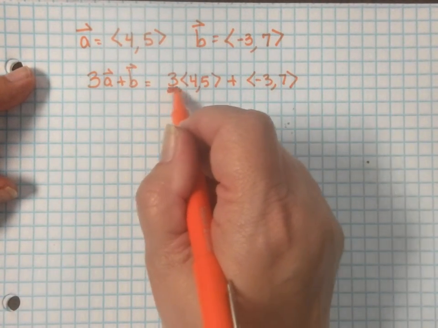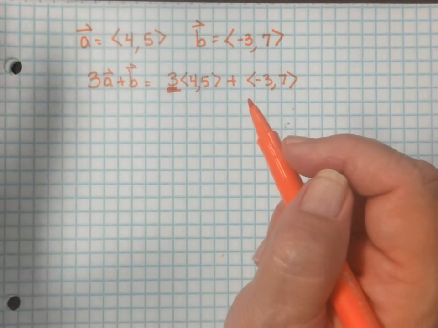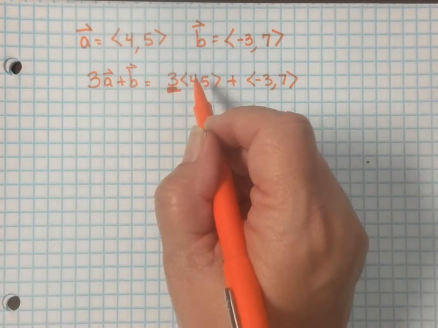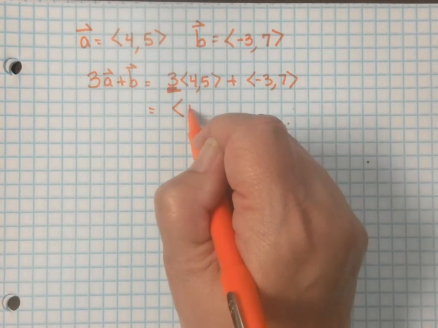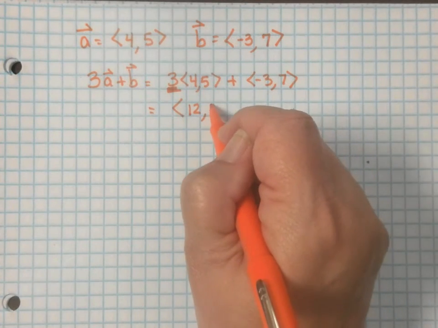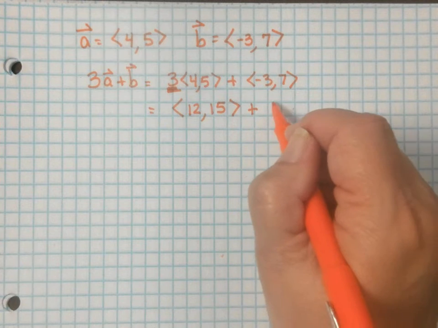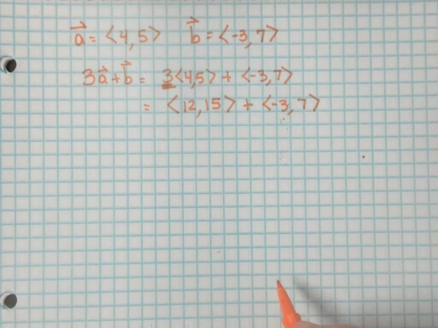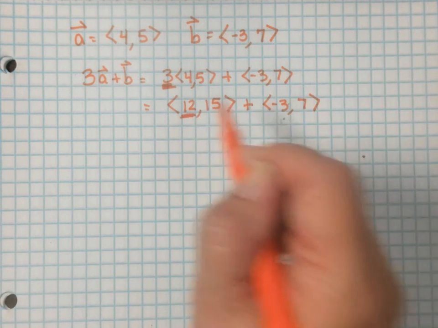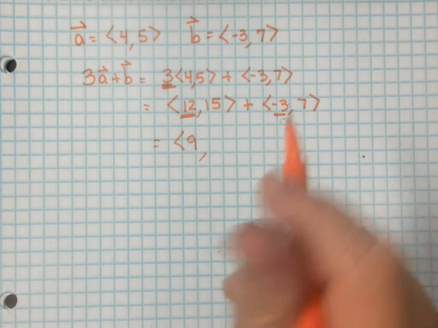So when you multiply a scalar times a vector, this is very much like the distributive property. You multiply your scalar by each component. So 3 times 4 is 12, and 3 times 5 is 15. And then when you do addition with vectors, you add your horizontal with your horizontal, so you get 9.